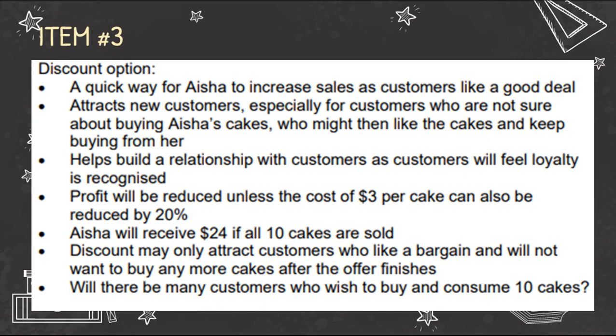Another is you can include the build-up of the relationship with the customers because there's loyalty. Another is profit will be reduced unless the cost of $3 per cake can also be reduced by 20%. Another is it really attracts the customers because of the term discount.